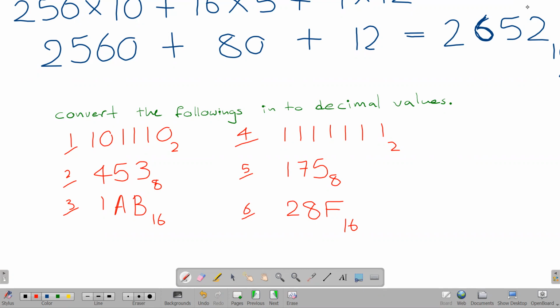Sir, I checked again, fourth one is 126. No, you should do the addition again.